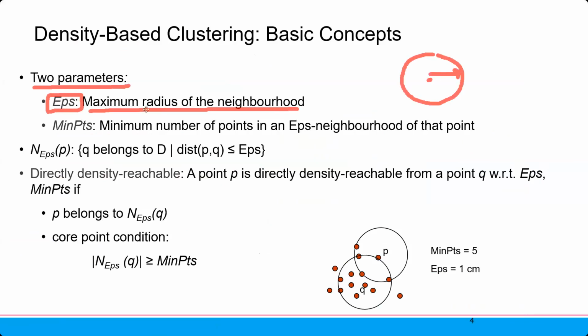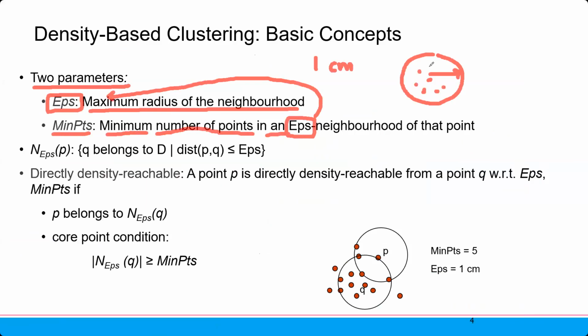The second is minimum points, MinPts, the minimum number of points in an EPS neighborhood. What does it mean? If the EPS is 1 centimeter, then we want to know any data that is inside the 1 centimeter. We call this the EPS neighborhood.